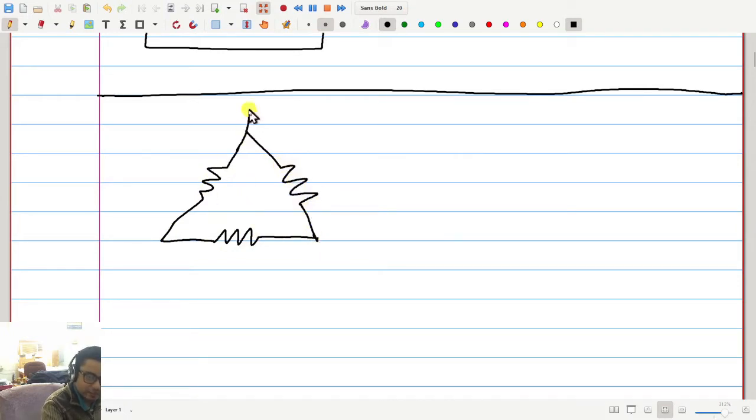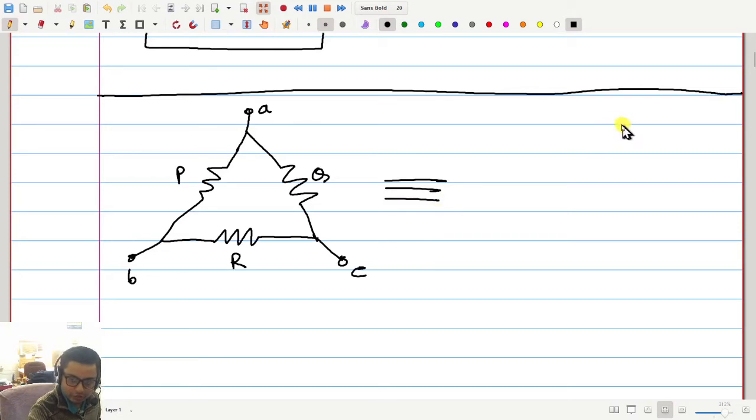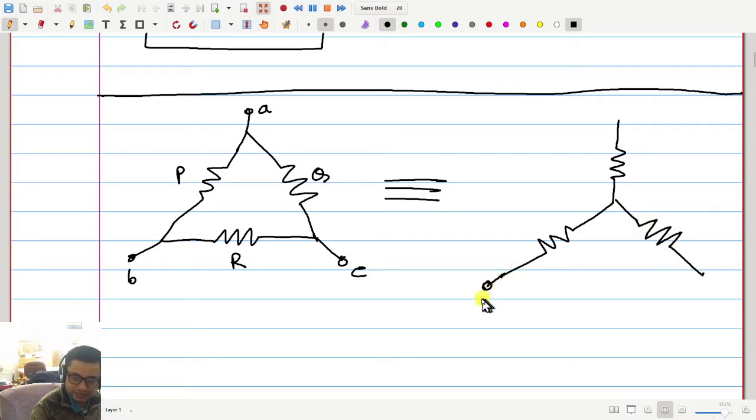Let me call these 3 vertices or nodes node A, node B, and node C, and let these 3 resistances be P, Q, and R. We can show that this configuration is equivalent to this configuration where three resistances are connected in the form of a star, such that this end is node B, this end is node C, and here is node A.